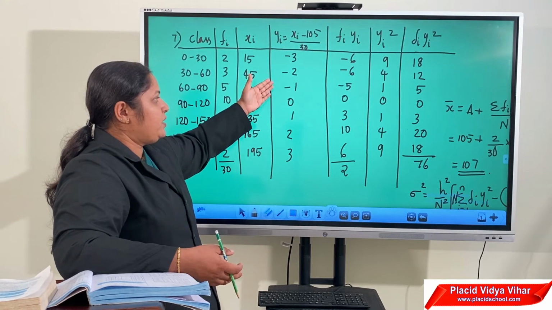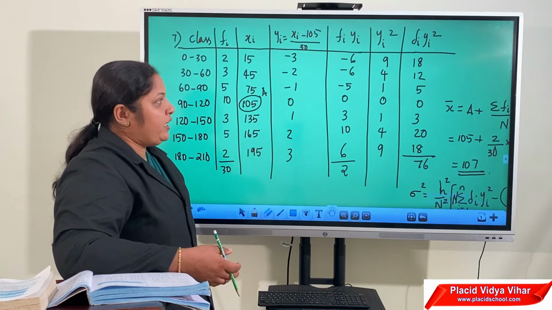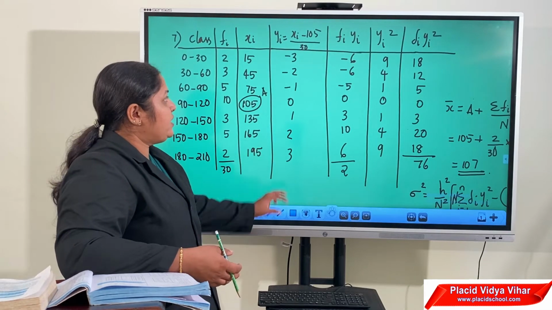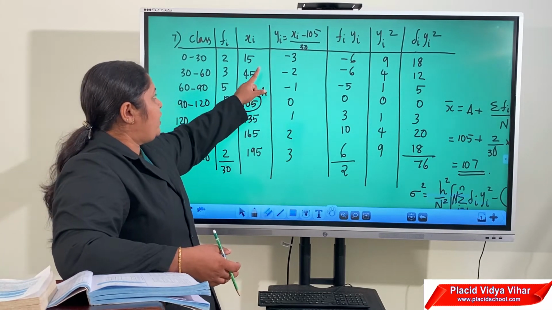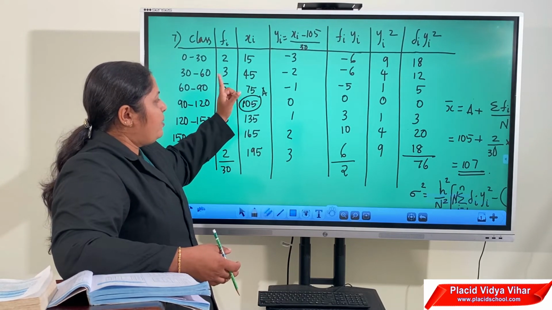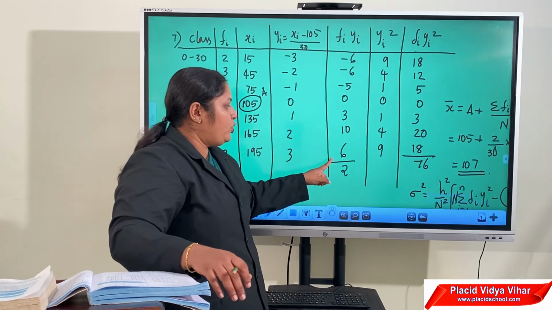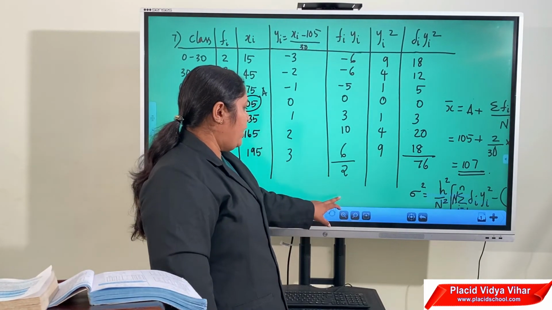We got it as minus 3, minus 2, minus 1, 0, 1, 2 and 3. Then in order to find the mean, we need Fi yi, that is all these step deviations we have to multiply with the corresponding frequencies. Minus 3 into 2 is minus 6, minus 2 into 3 is minus 6, all the Fi yi's we found out, and its sum also we have obtained.